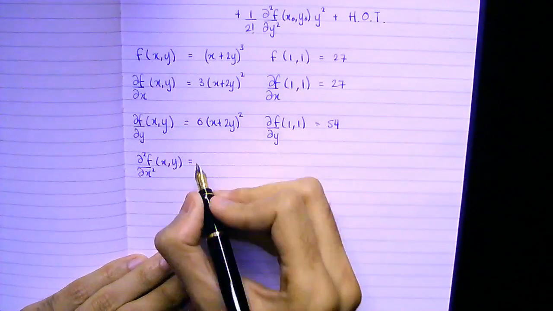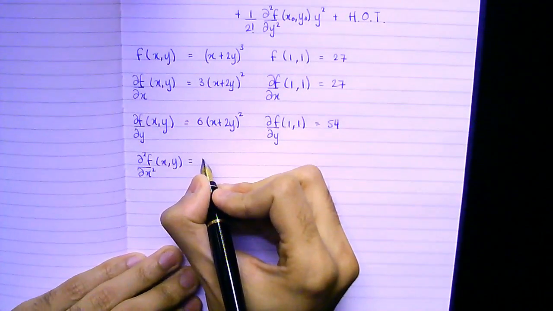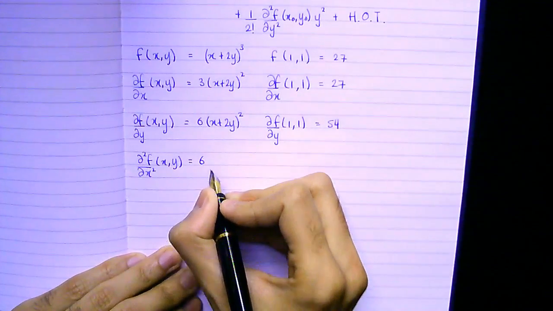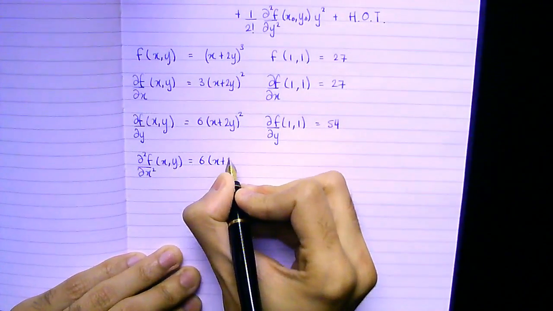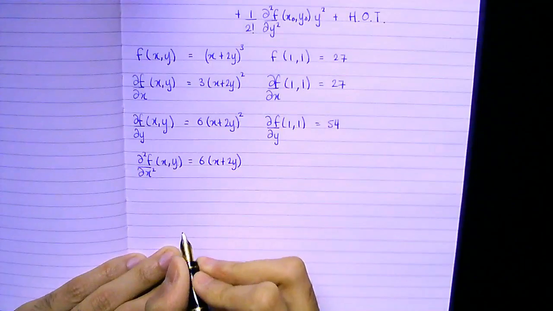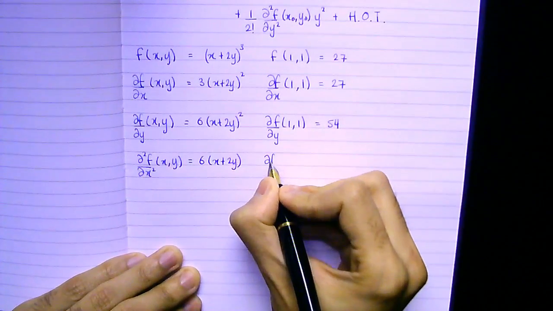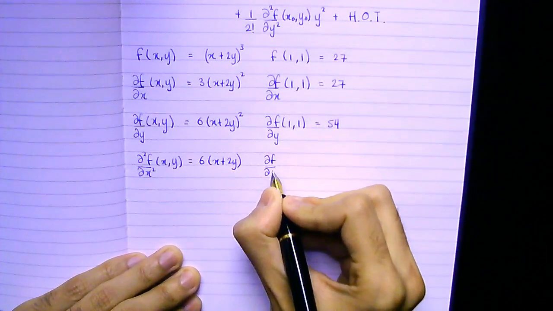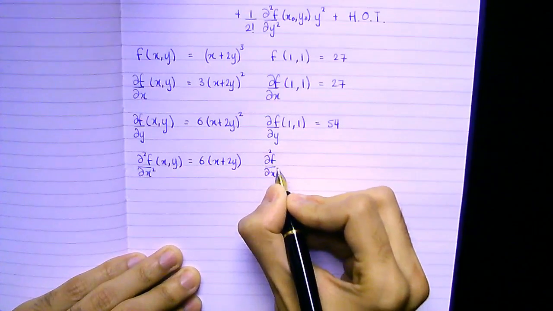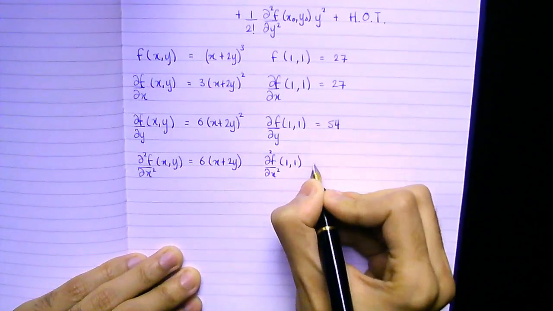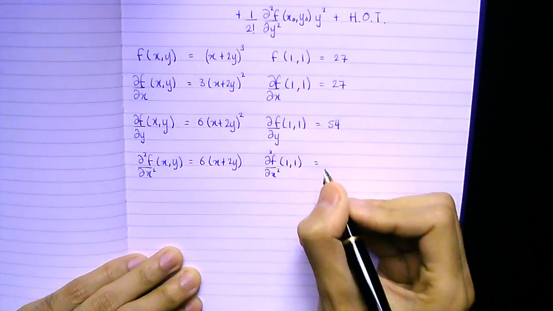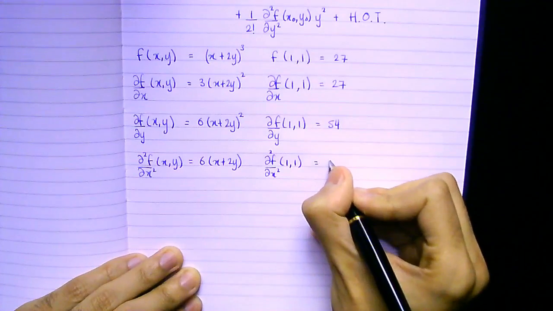So I'll pick up a 6 x plus 2y, and I evaluate this at the point 1, 1, d2f by dx squared at 1, 1, and I believe I get 18.